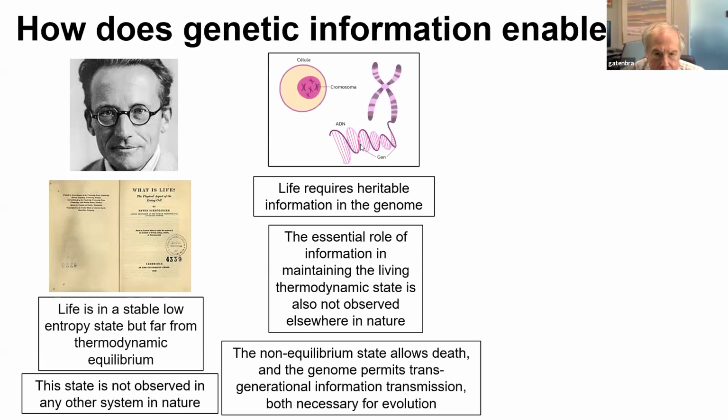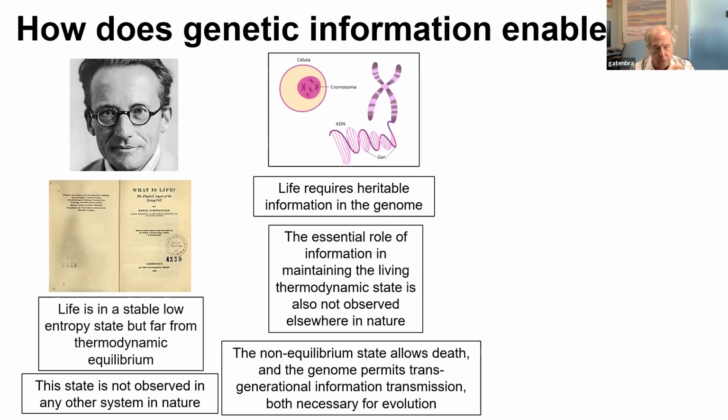The other thing about biology is that it requires information. Life requires heritable information in the genome, and this information is essential for maintaining this living state, this thermodynamic non-equilibrium state. Importantly, the non-equilibrium state allows death. In other words, because it's a non-equilibrium, the living system has to maintain that state using information and acquired energy.